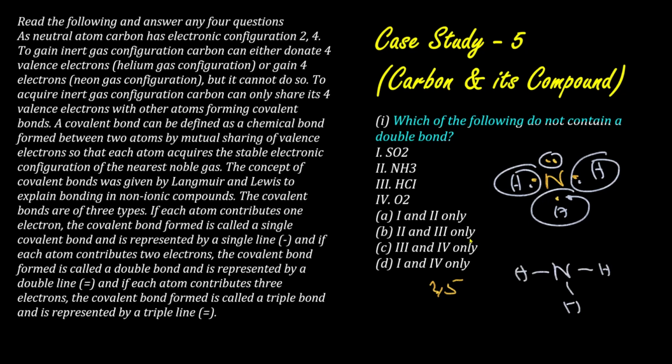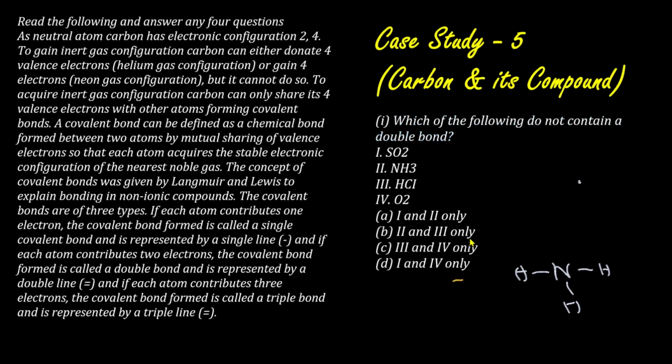The question was to find the one which does not contain a double covalent bond, but there is more than one correct option. So as of now, we have got one correct answer, and that is ammonia. Look at HCl, hydrochloric acid.